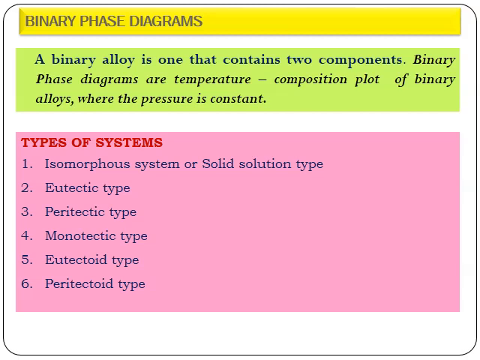Some of them are listed here: isomorphous system or solid solution type, eutectic type, peritectic type, monotectic type, eutectoid type and peritectoid type. We already discussed all these types of alloy systems based on their temperature behavior upon cooling or heating at different compositions.